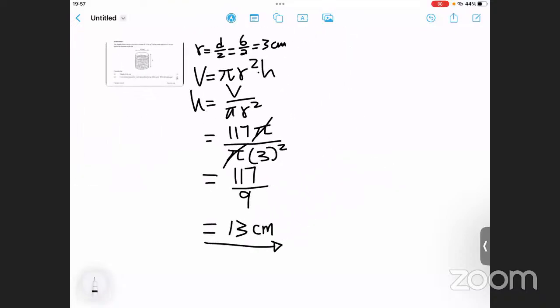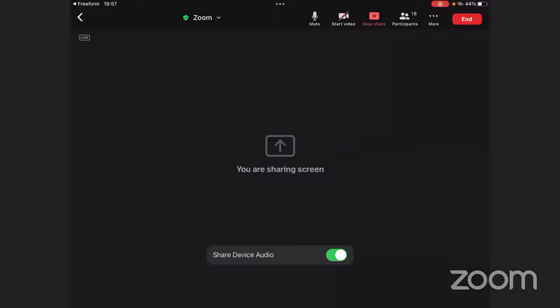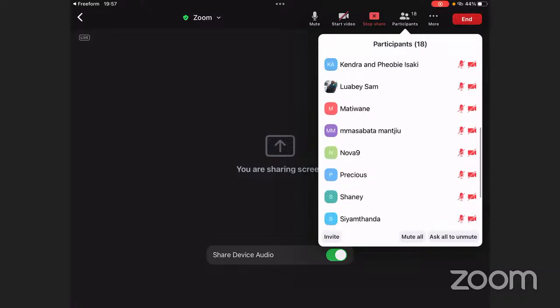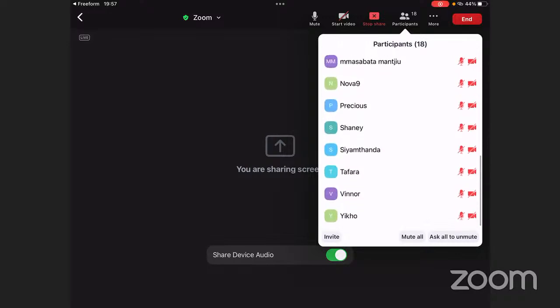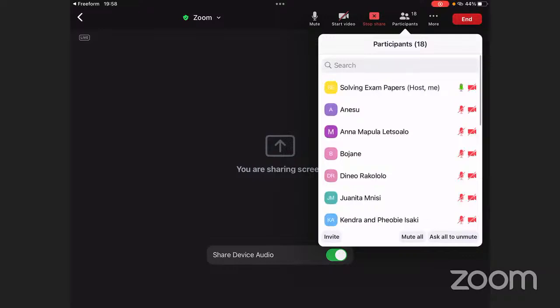Anyone who wants to rise on a point of order to present a motion of no confidence against that answer? Or are we all on the same page with Mendlonke on that one? Guys, are we in agreement, all of us, on that one?